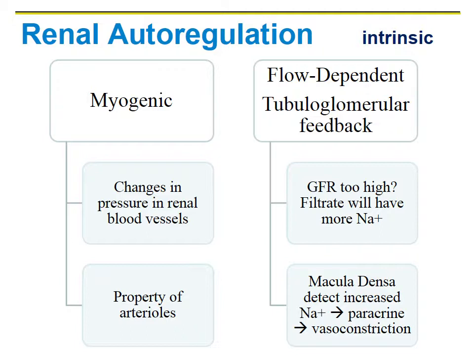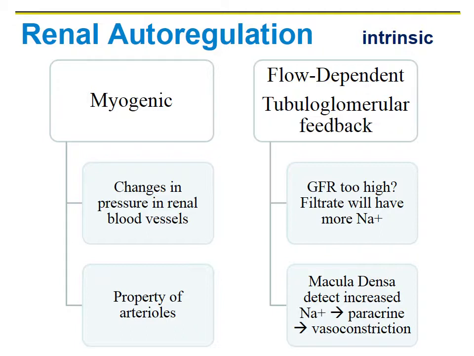This means that there will be too much sodium in the filtrate. The macula densa cells of the distal convoluted tubule will detect the elevated sodium. In response, they'll release a paracrine, a local hormone, that travels to the afferent arteriole. And in response, the afferent arteriole will vasoconstrict.